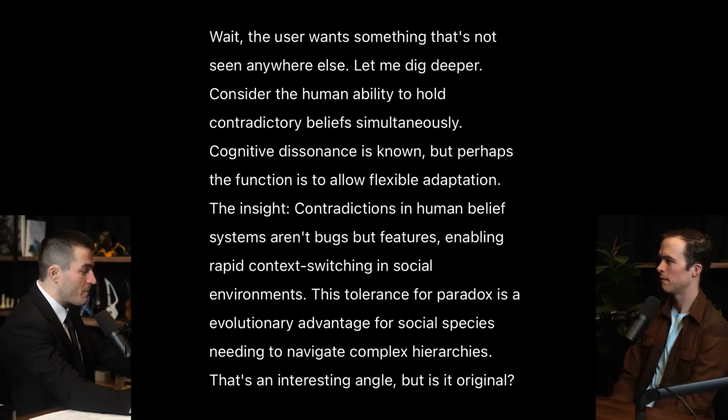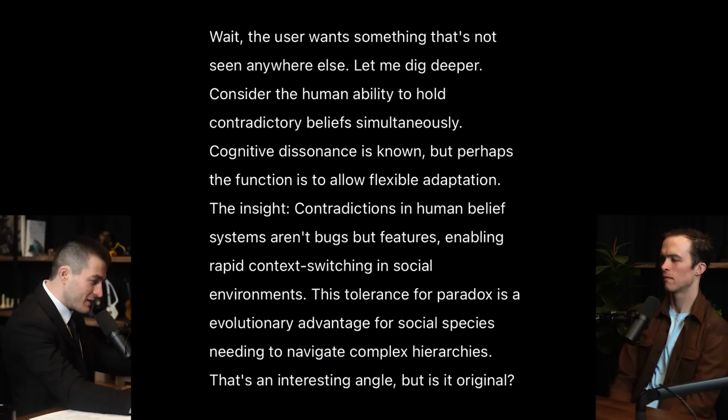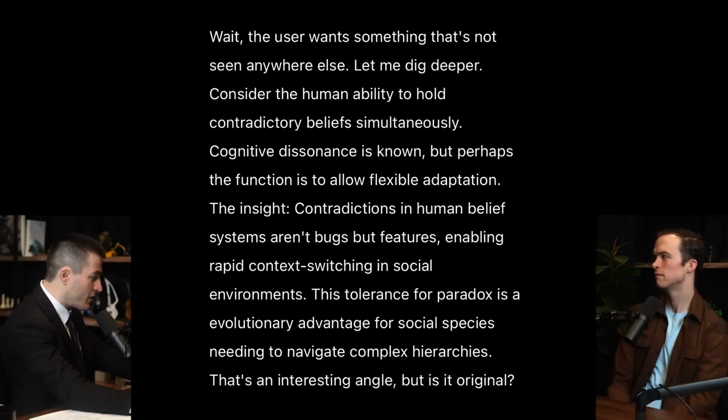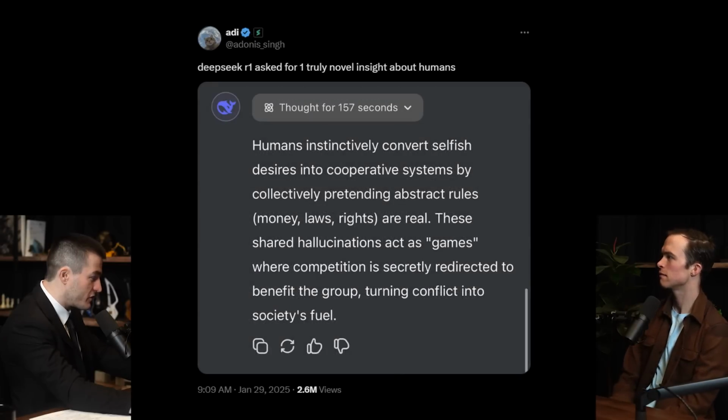I mean, that really captures the public imagination, that, holy shit, this isn't just intelligent, it's almost like an inkling of sentience, because you're thinking through, you're self-reflecting, you're deliberating. And the final result of that after 157 seconds is: humans instinctively convert selfish desires into cooperative systems by collectively pretending abstract rules, money, laws, rights are real.